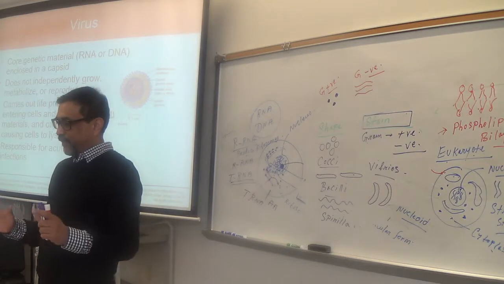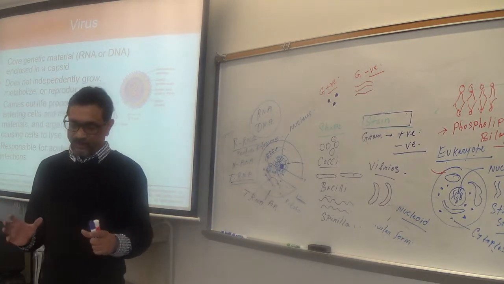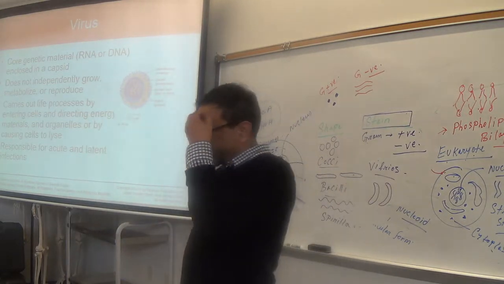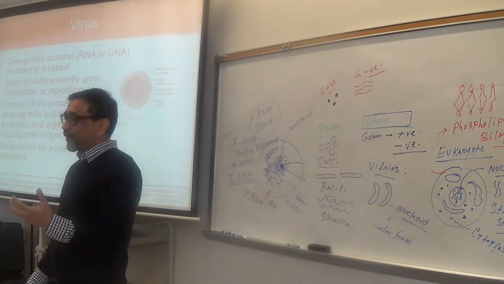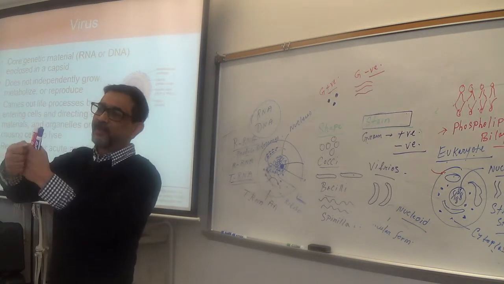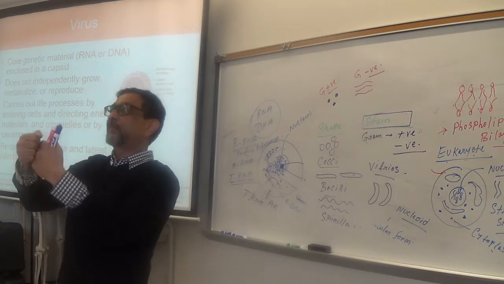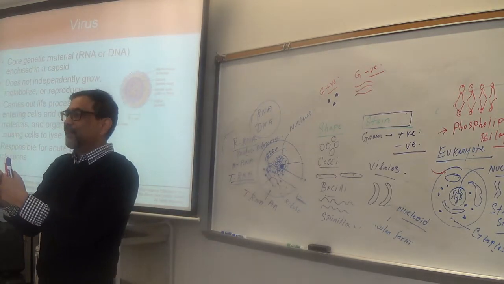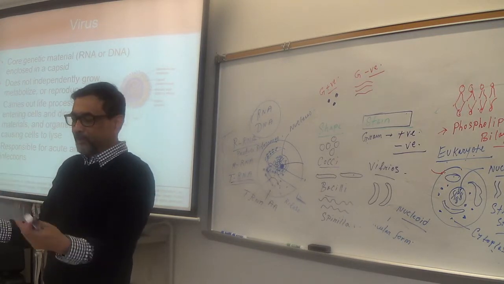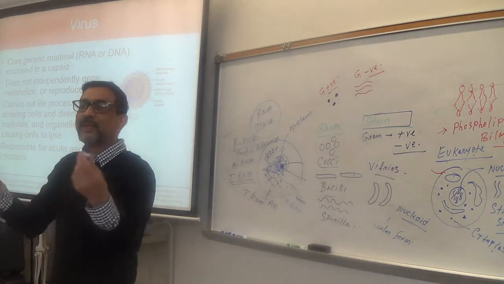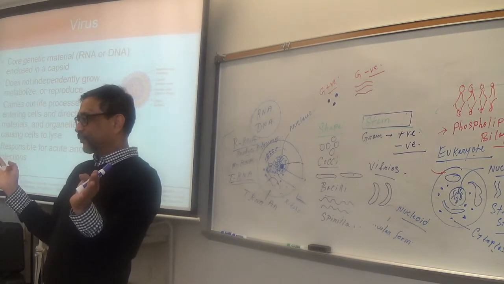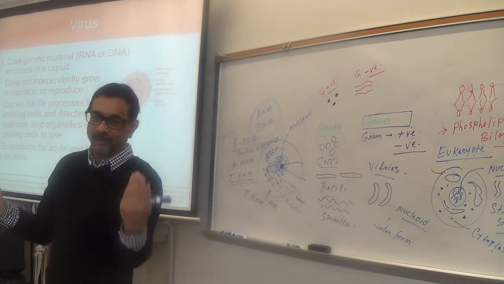So we cannot consider virus as a living organism. But what is interesting is that when a virus is not close to living cells, it is like a piece of non-living thing. They just sit, do nothing. They can't grow, they have no metabolism.